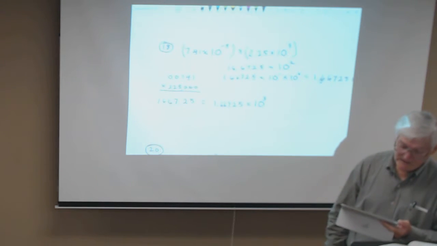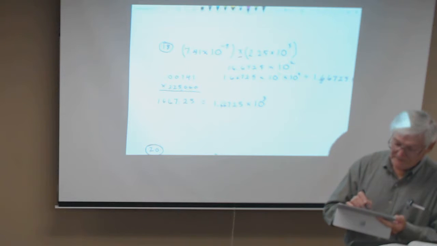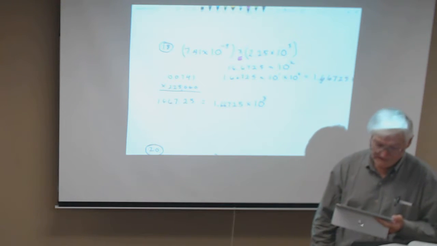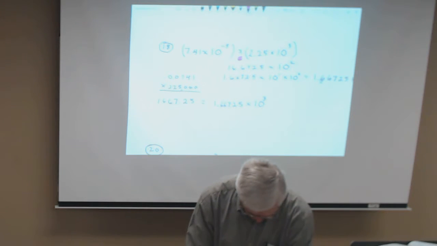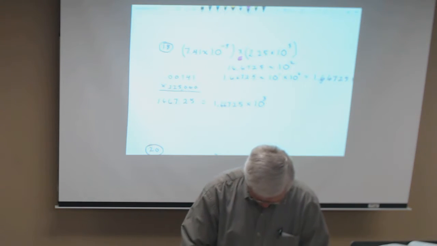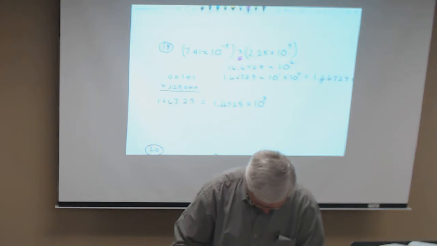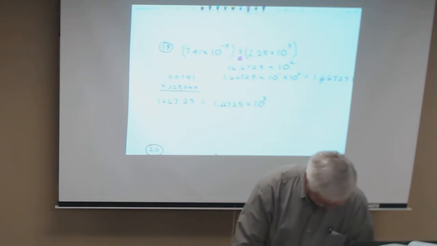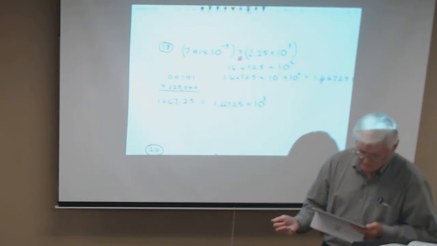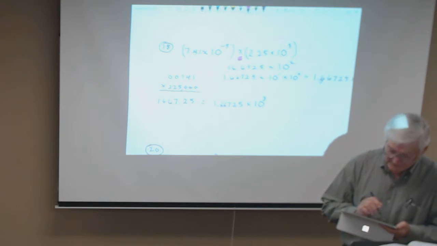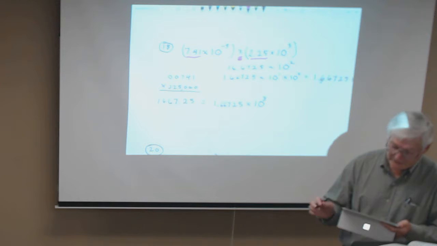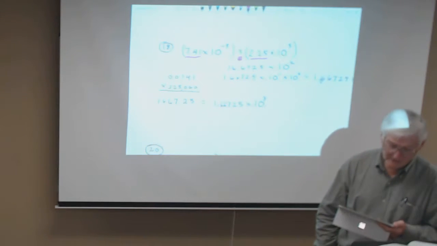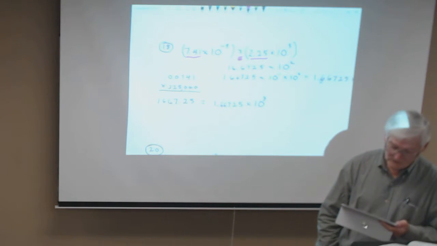Number 18. Let's do a little multiplication. So I guess I better get my calculator out here, because it could be we're going to need it. We'll see what happens. What's 7.41 times 2.25? Anyone have a calculator?